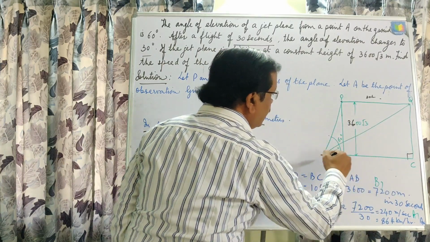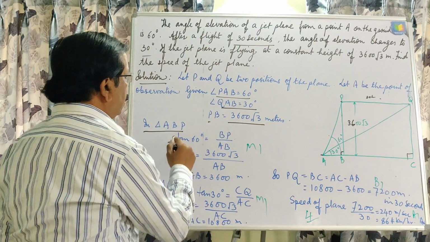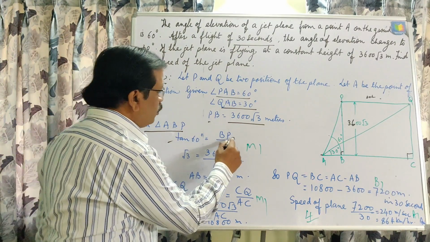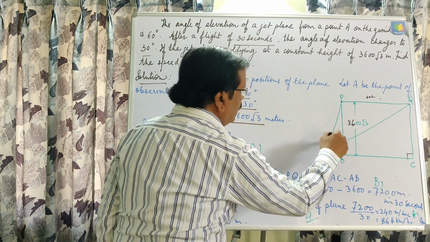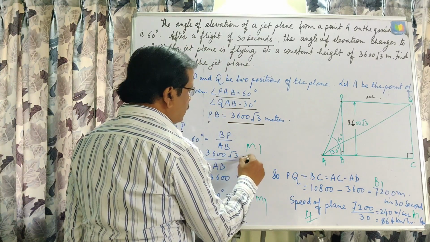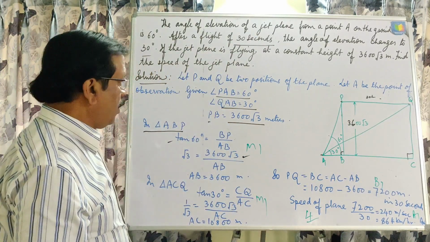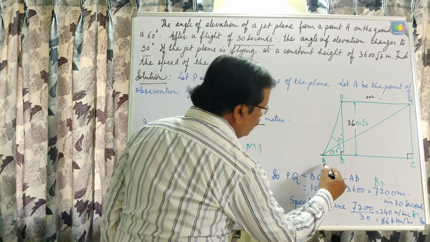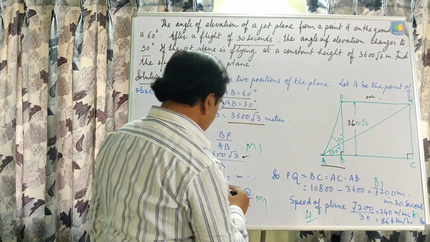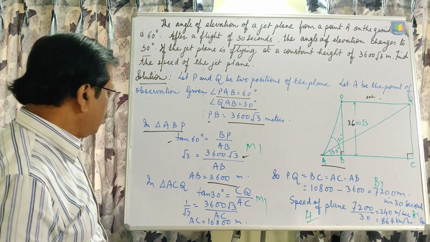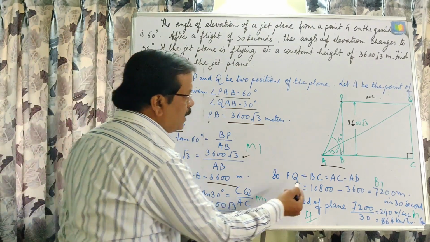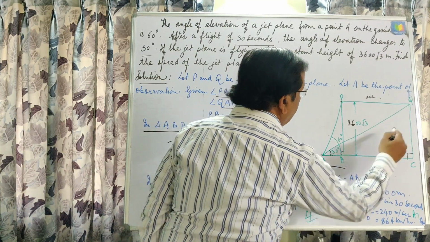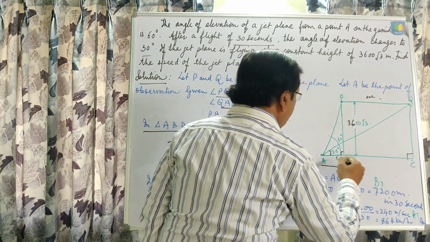Now in this right angle triangle, again following the same way, the tangent ratio tan 60 degree is equal to BP upon AB. That is, BP means 3600 root 3 upon AB, and this way we are getting the value of this AB is 3600 meter. Now in another right angle triangle ACQ, again tan 30 degree is QC upon AC.